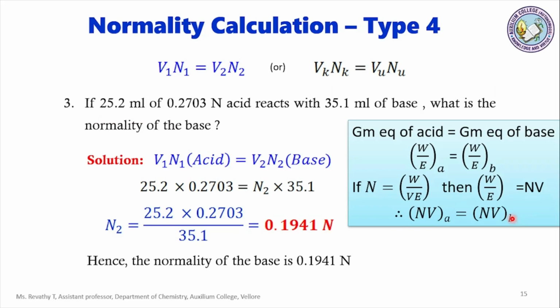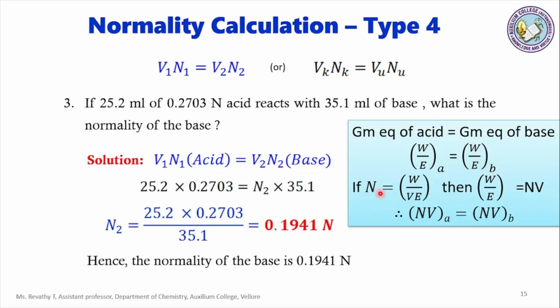This is slightly a tricky question. If 25.2 ml of 0.2703 N acid reacts with 35.1 ml of base, what is the normality of the base? Here we use the V1N1 is equal to V2N2 formula for acid-base reaction. The reason behind this is that in any neutralization reaction of acid-base, gram equivalent of acid will be equal to gram equivalent of base. That is, gram equivalent is W by E. So, W by E of acid will be equal to W by E of base.